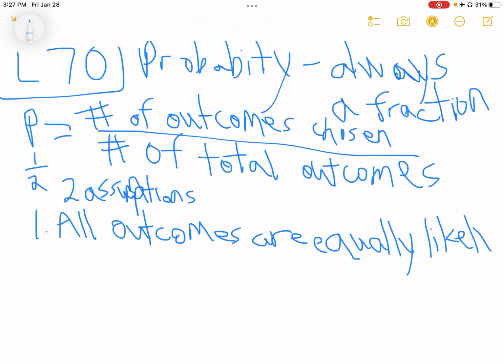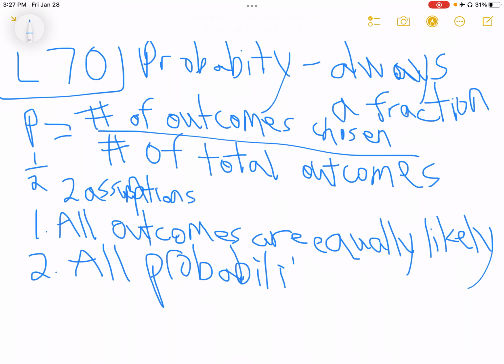And then number 2 is that all of our probabilities add to 1. And I apologize for the writing here, it's not as legible as on the board, right? But anyway, probabilities add to 1. So you add up all of our chances there, they're going to add to 1.